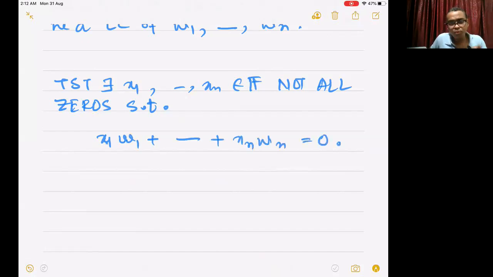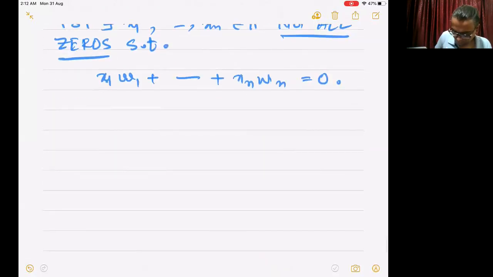That will prove that w1 up to wn are linearly dependent, because a non-trivial linear combination, not all zeros, right? Non-trivial linear combination goes to 0. Okay, so suppose we have this.